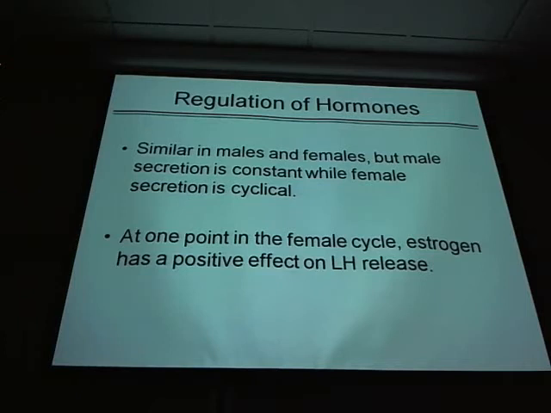One point that they want to make here is that testosterone is being made constantly. The LH and FSH, the female hormones, are cyclic in the female, which accounts for your period for one thing, and it keeps them from becoming sensitized.